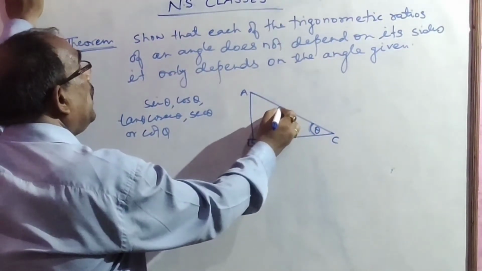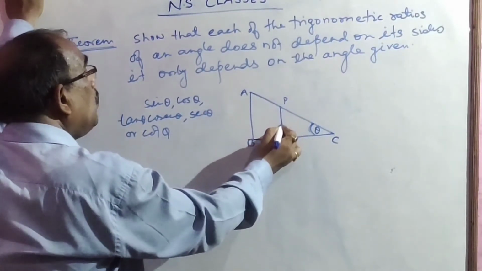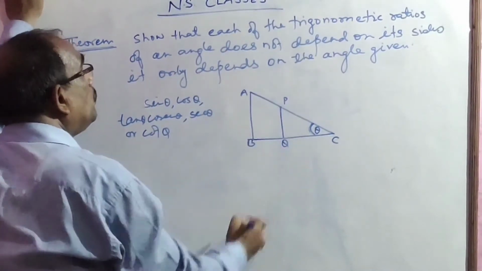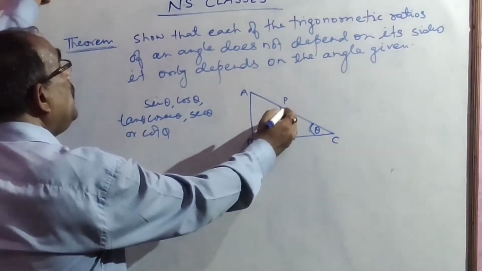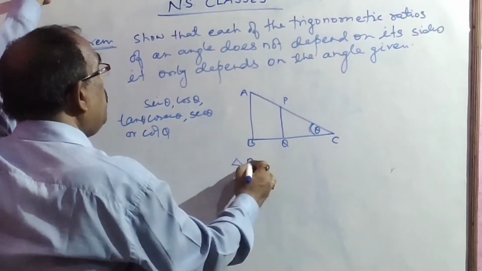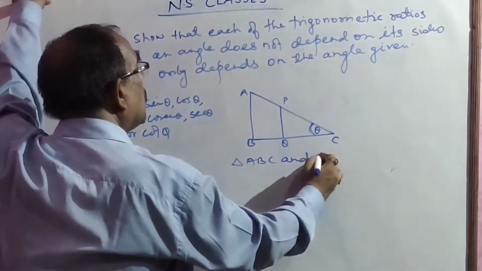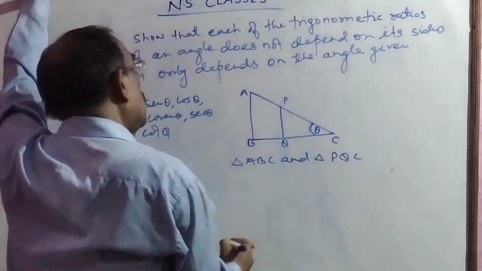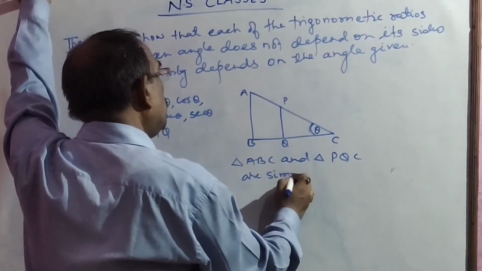On AC take a point P on it and draw a perpendicular PQ. Now what we see here is that triangle ABC and triangle PQC are similar.